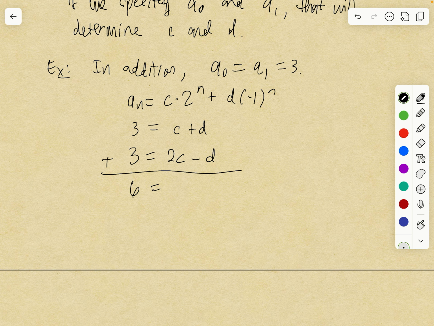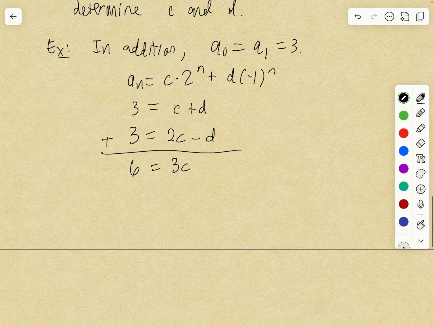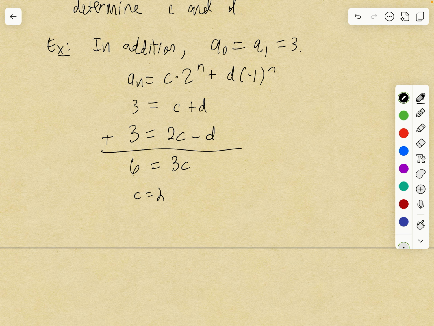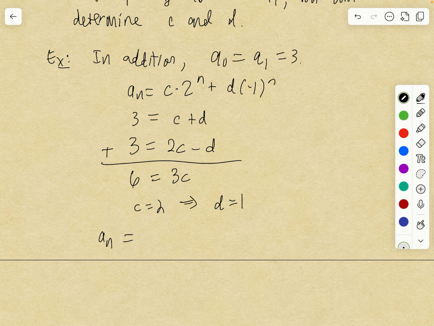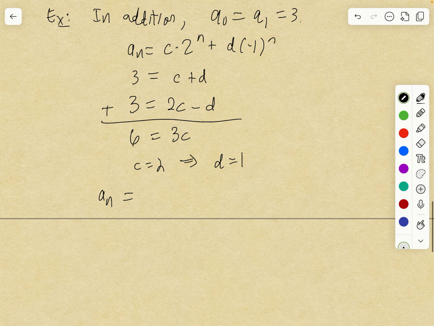We just add both equations and get c equals 2. And then if c equals 2, we get d equals 1. And so the solution to this recurrence with the initial conditions a0 equals 3 and a1 equals 3 is 2 times 2 to the n, that's 2 to the n plus 1, plus 1 times negative 1 to the n.